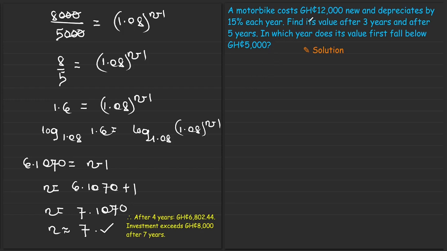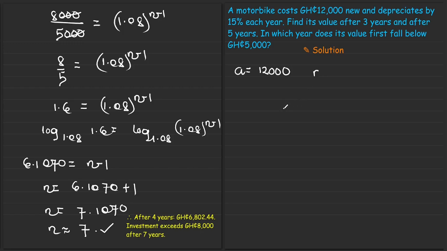This is obviously a what? A geometric progression. Now, since there's a depreciation, take note of what is going to happen. So our A is simply 12,000. Now R, remember when we're talking of population, population is a growth.